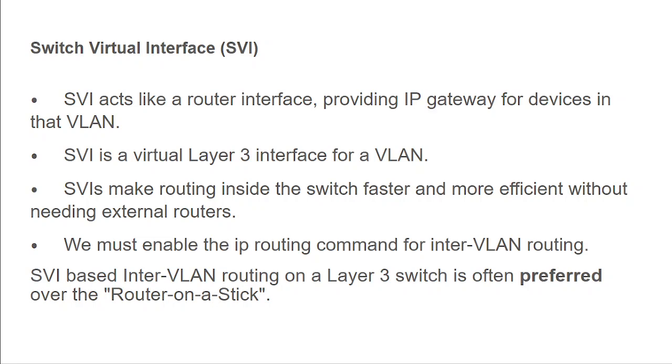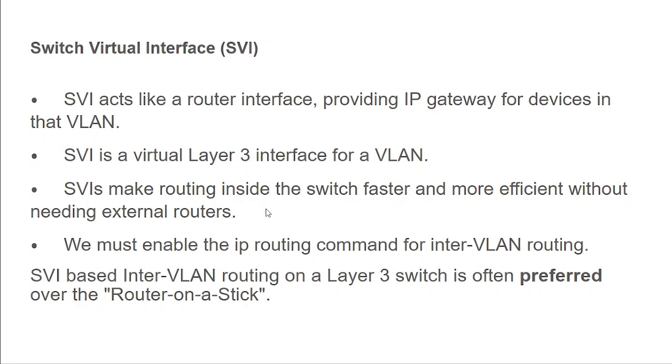Okay, there's a concept called the switch virtual interface, SVI. SVI is basically a router interface providing the IP gateway for devices in that VLAN. It's a virtual logical layer 3 interface for the VLAN.